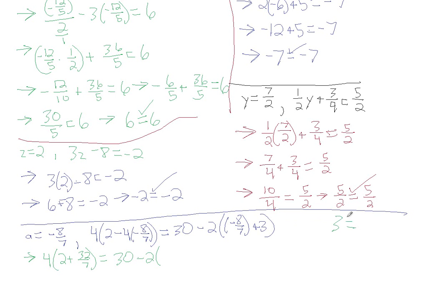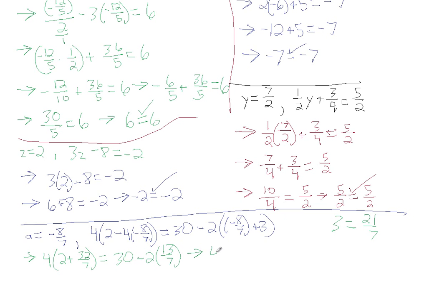We want to write that 3 with a denominator of 7, so that's the same as 21 over 7. So we have a minus 8 over 7 and a positive 21 over 7, which is a positive 13 over 7.